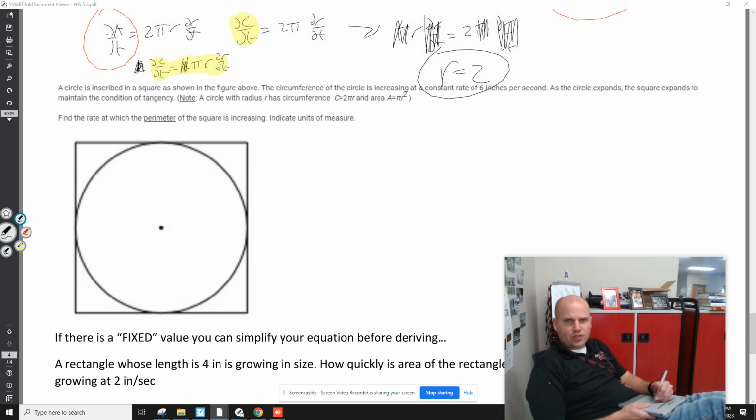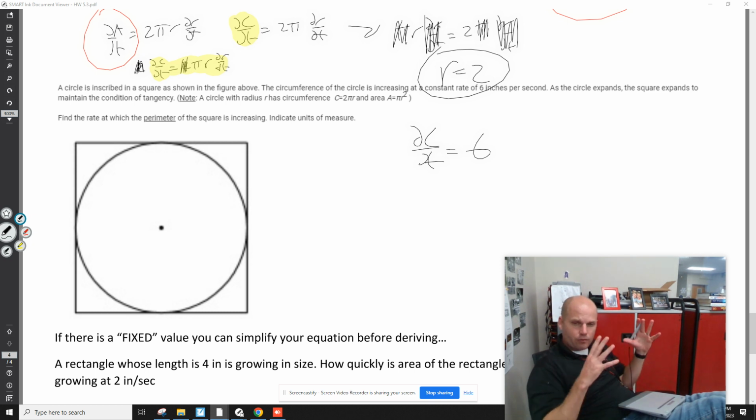The circumference of the circle is growing at that. The square expands to maintain its tangency. Find the rate at which the perimeter of the square is increasing.